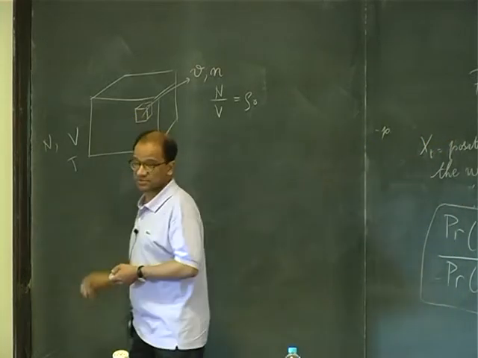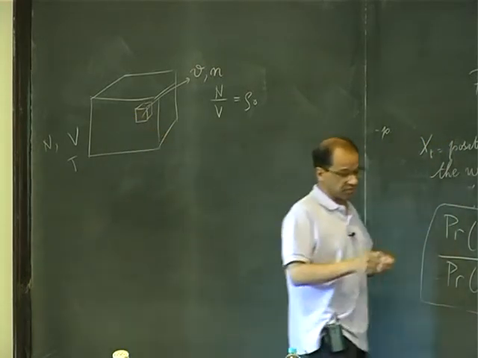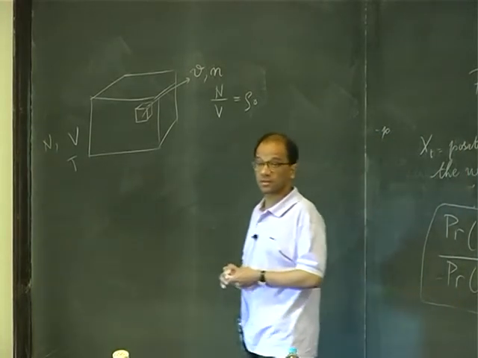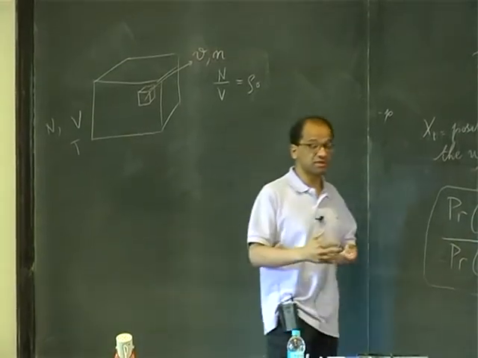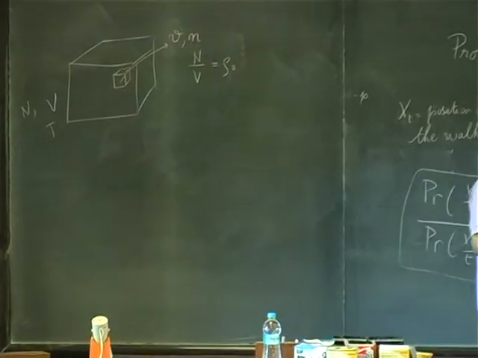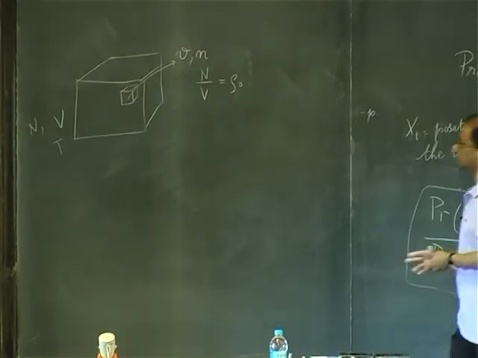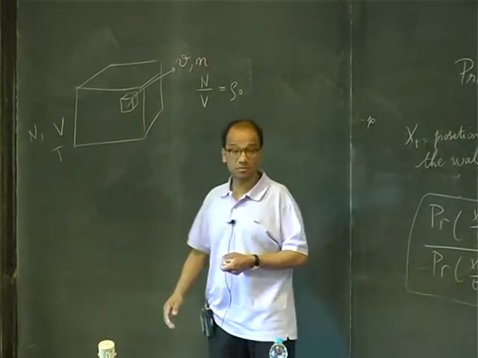As usual in statistical mechanics, small v is very small with respect to the whole volume of the room, 1 liter compared to cubic meters. But it's large enough so that it contains many, many molecules of air. If it's of order 1 liter, it contains 10 to the power 22 molecules of air.